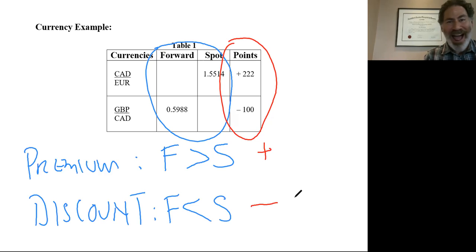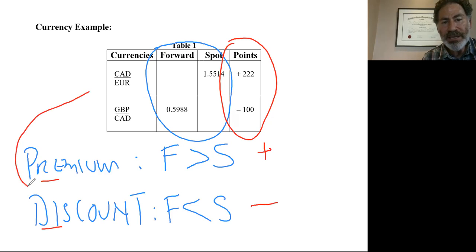So now we're halfway there to our solution. The question is going to be, which currency is trading at a forward premium or discount? And the trick that you want to look for in your answer choices is that this forward premium or discount always is referring to the base currency.